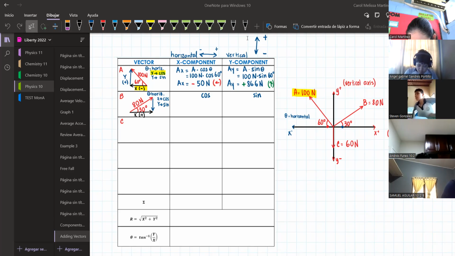Up. The arrow is going up, so you know your y is going to be positive. So we calculate the components, okay? Bx equals B cosine of the angle, and By is B sine of the angle.